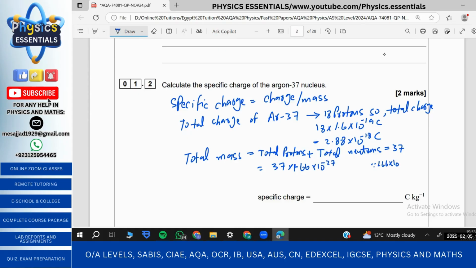The actual mass of a proton or neutron is like 1.673 and 1.675, with the fourth digit changed, but we will just round it off and make it the same for both, just to make our calculations easy. So the answer here is 6.14 times 10 to the power minus 26 kg. Now this is your total mass.